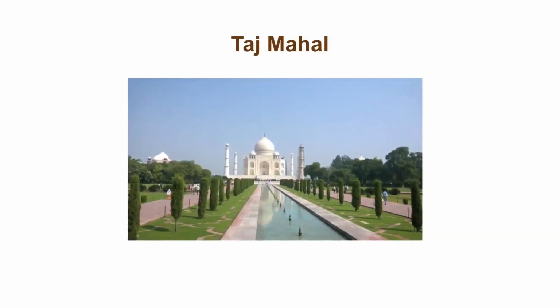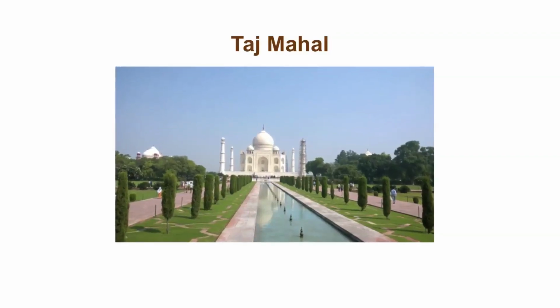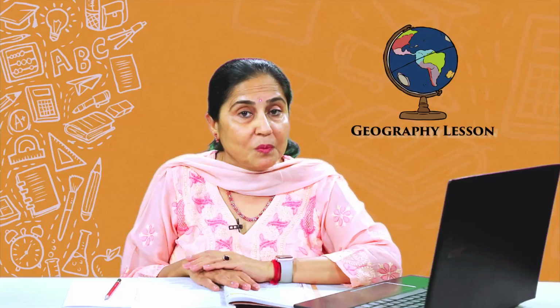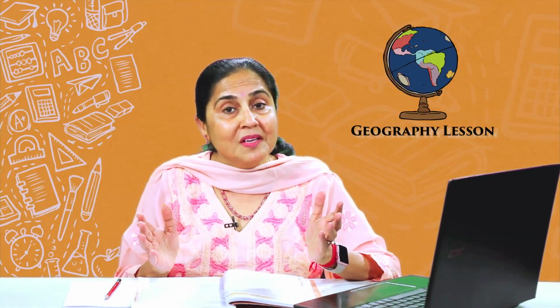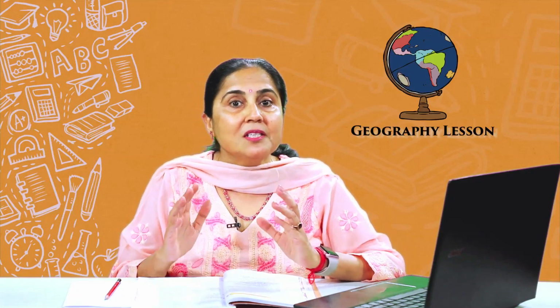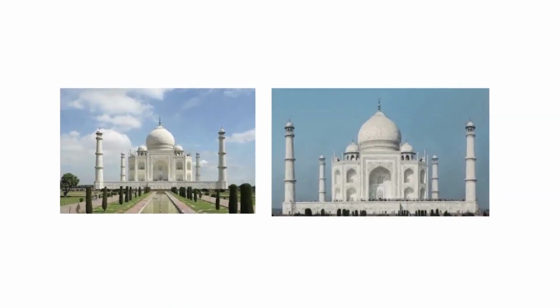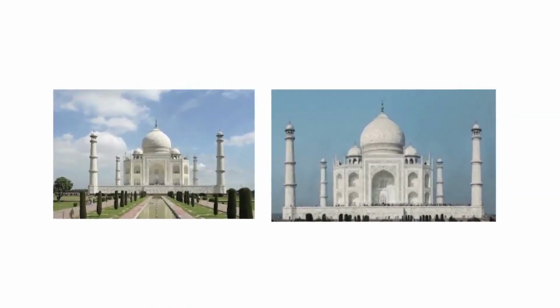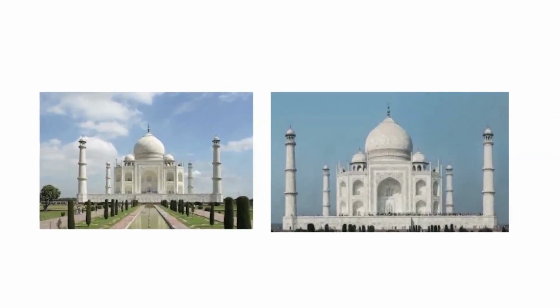There are a few more photographs. This is one of the most photographed monuments of India, the Taj Mahal. From a distance, it looks part of the landscape. The moment we go closer, the same monument gives a different view altogether. There is clarity. We perceive it in a different way.